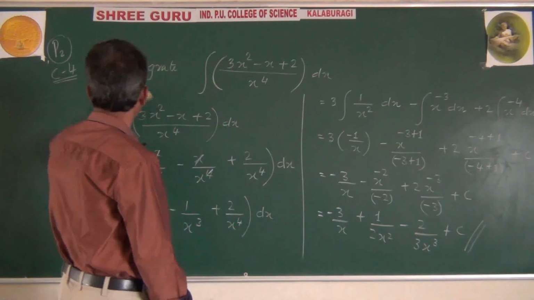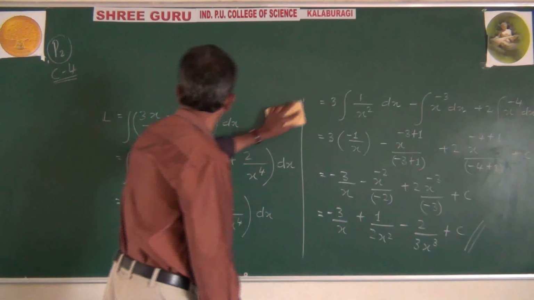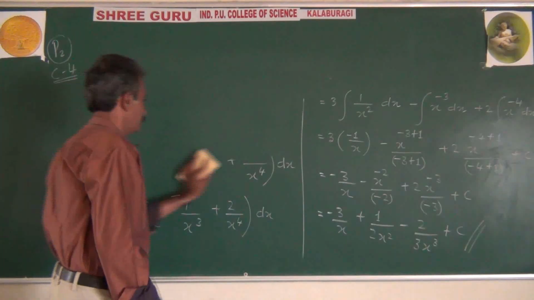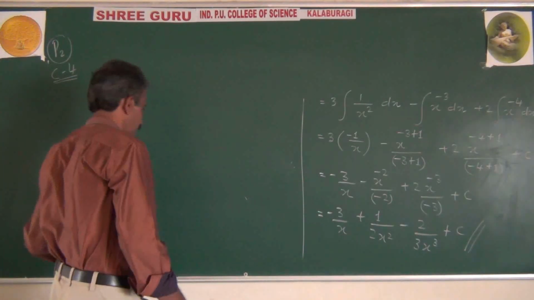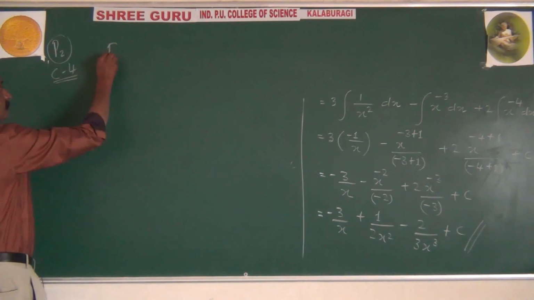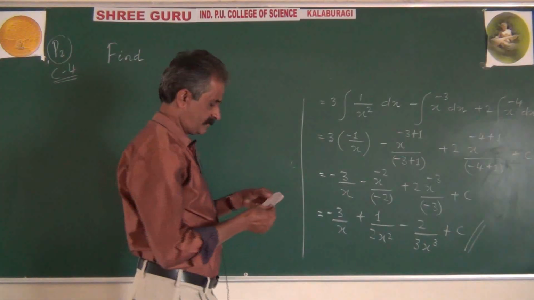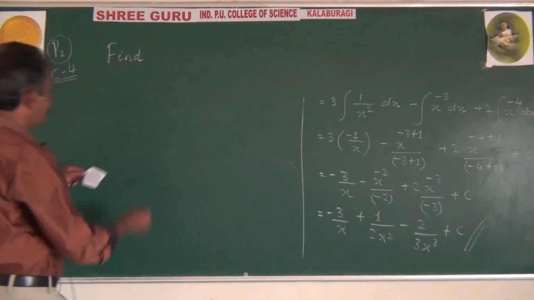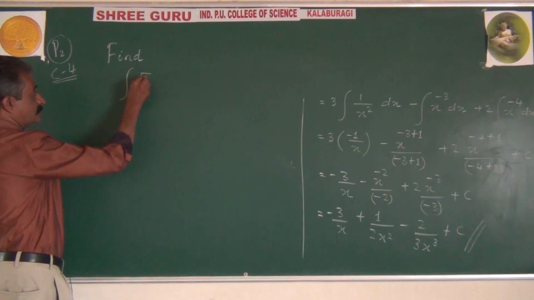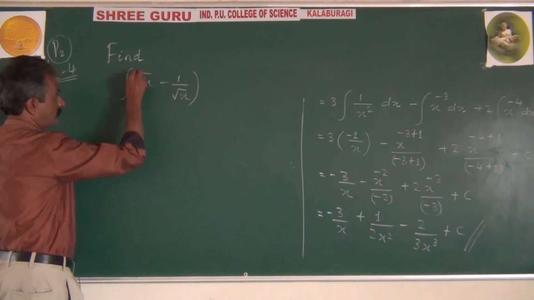Next problem. Find, or it may be given as evaluate, integration of (root x minus 1 by root x) whole square.